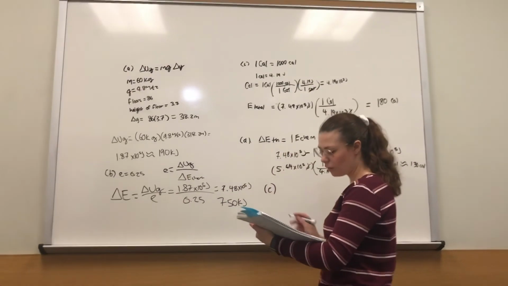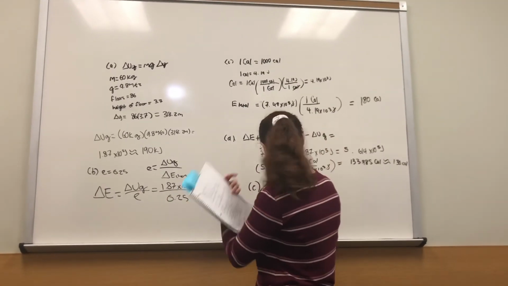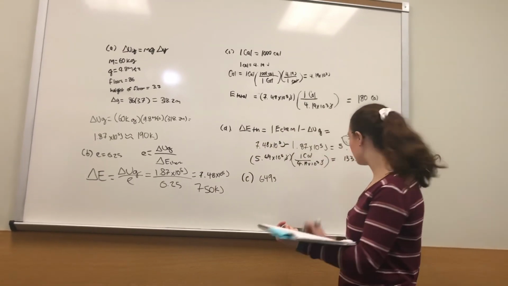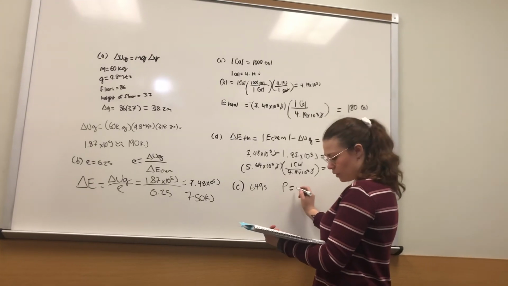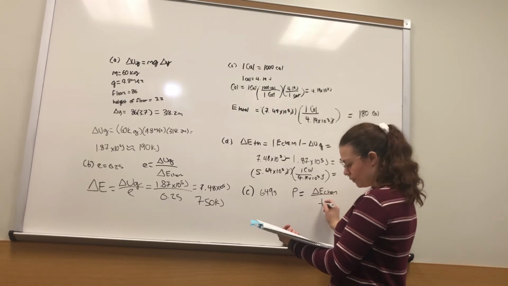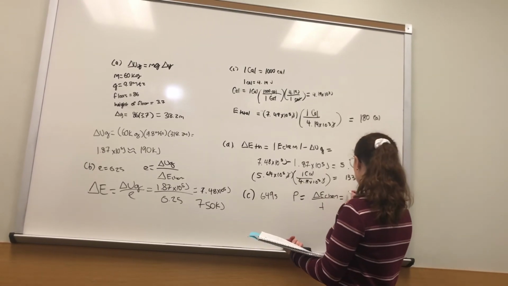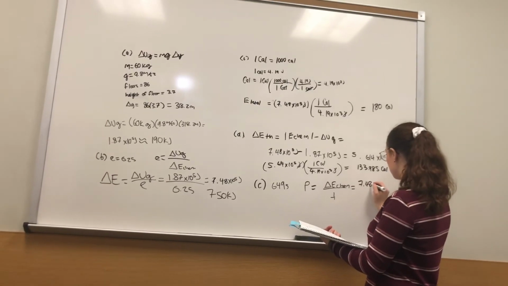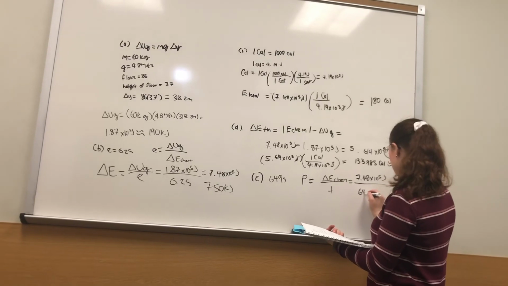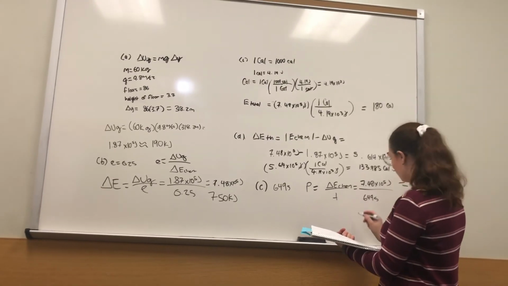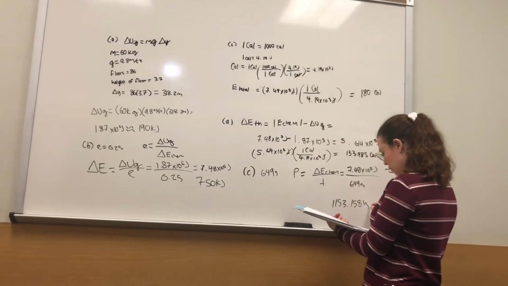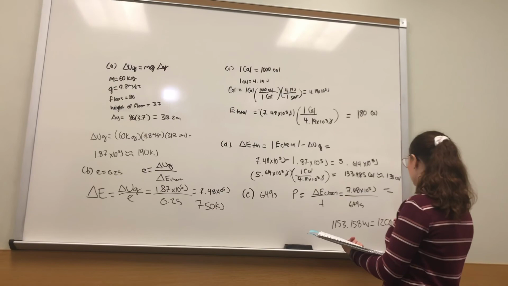And so to do that, the time was 649 seconds, or 10 minutes and 49 seconds, and the equation we're going to use is power is equal to delta E chem over time, and delta E chem we found in part B was 7.48 times 10 to the 5th joules over 649 seconds, and we get 1,153.158 watts, or approximately 1,200 watts.